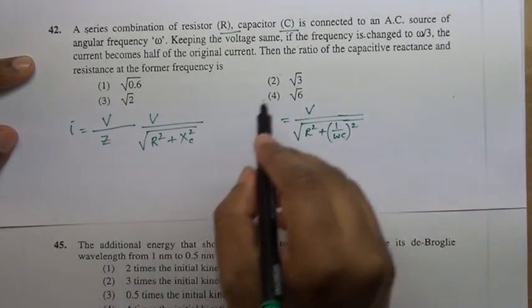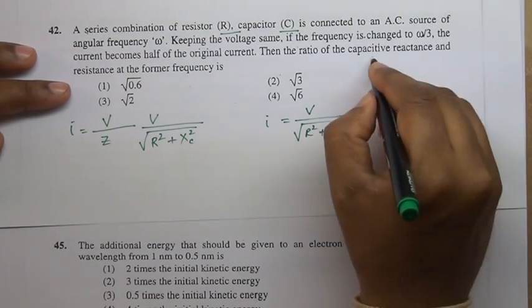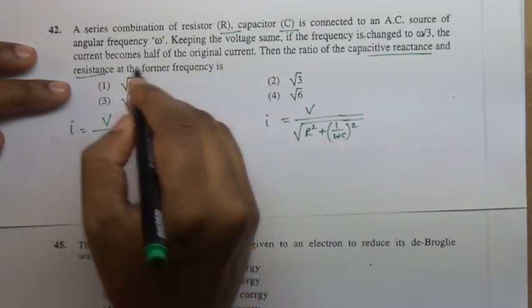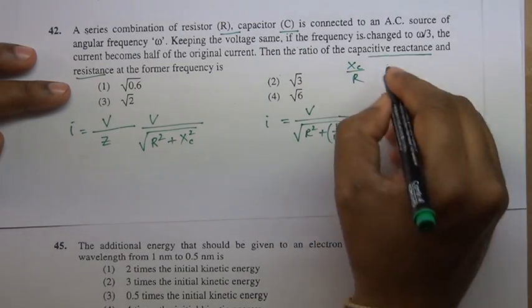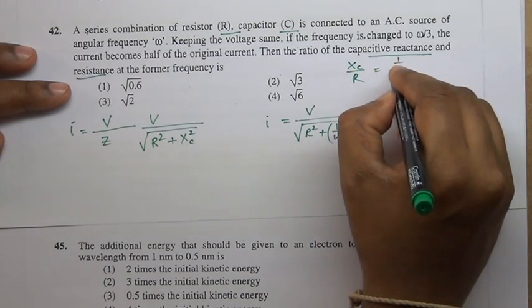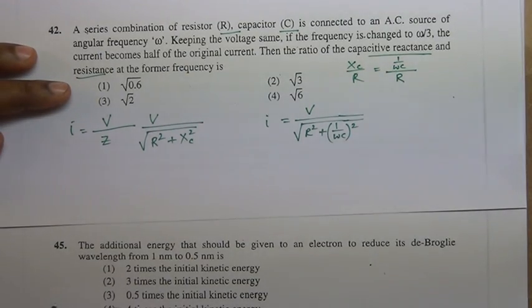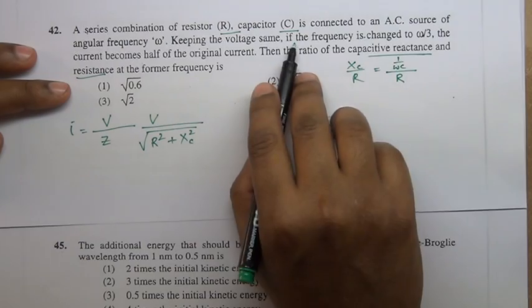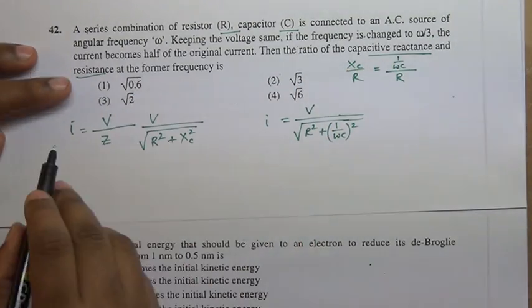Ratio of the capacitive reactance and resistance is wanted, that is Xc by R, or else 1 by omega C by R. If the frequency is changed to omega by 3, current becomes half.